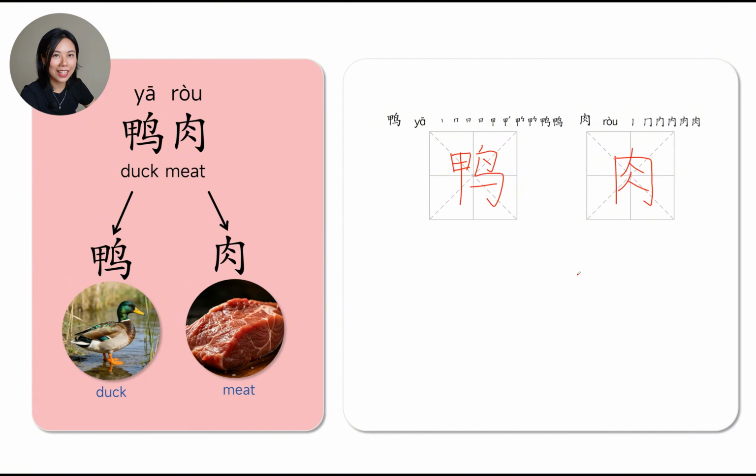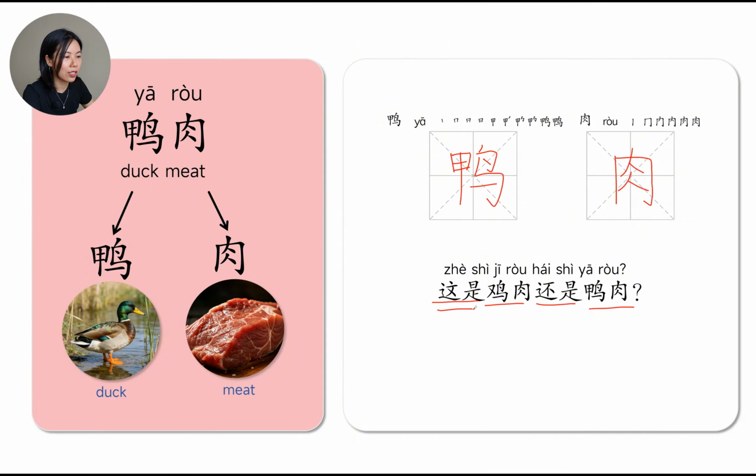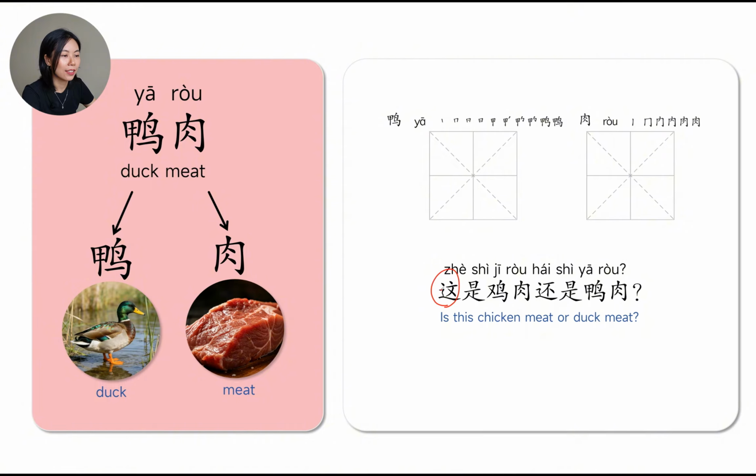很好，这是鸭肉。这是鸡肉还是鸭肉？Is this chicken meat or duck meat? 这 this, 是 is, 鸡肉 chicken meat, 还是 or, 鸭肉 duck meat.